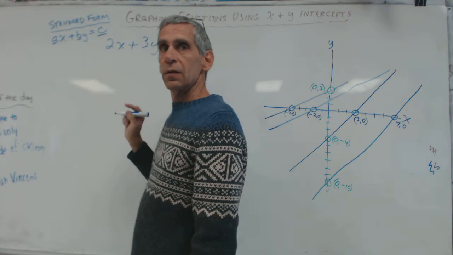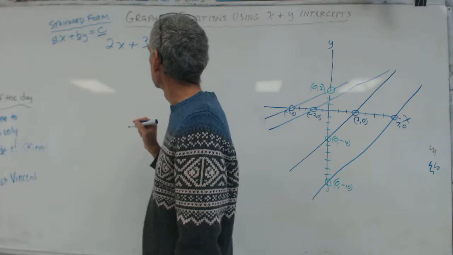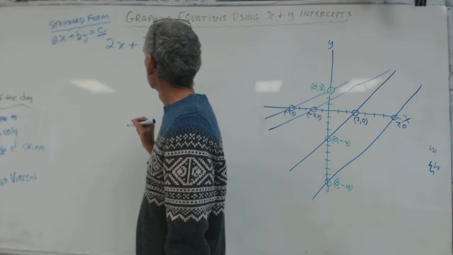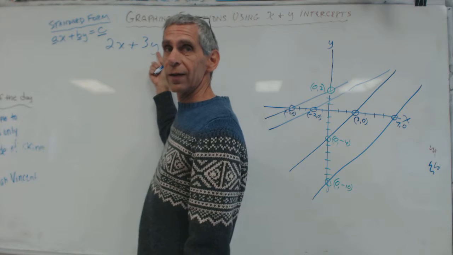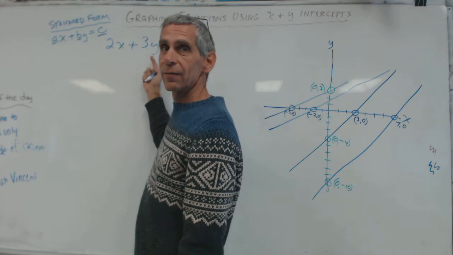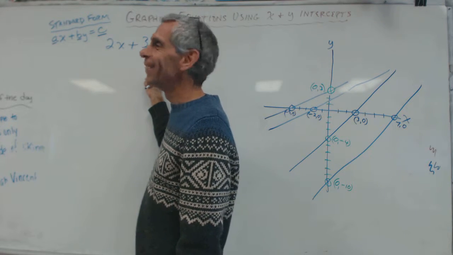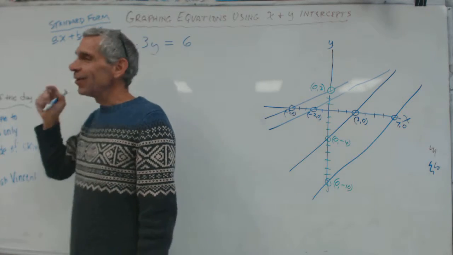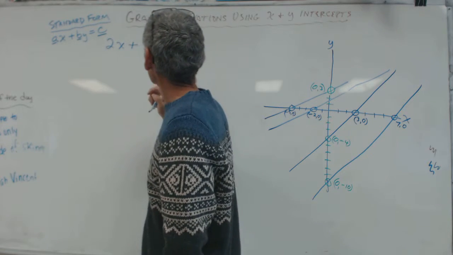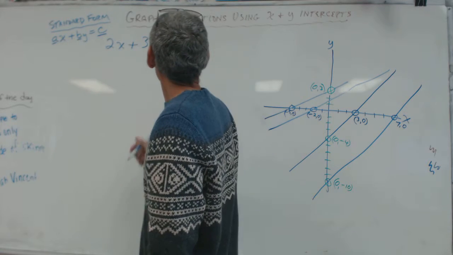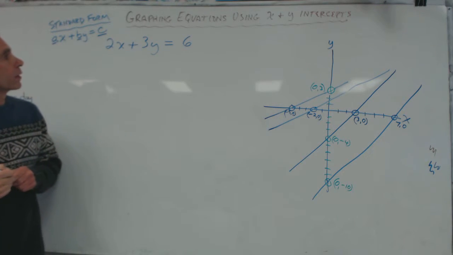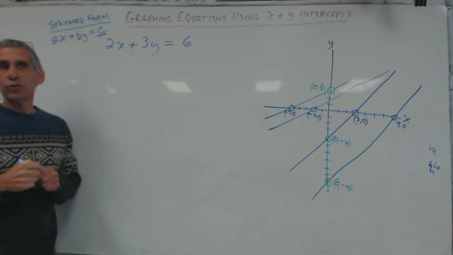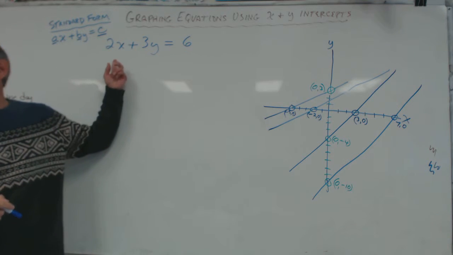You're saying that 2 plus 3 is 5? No, it's 2x plus 3y equal to 6. These are not like terms.